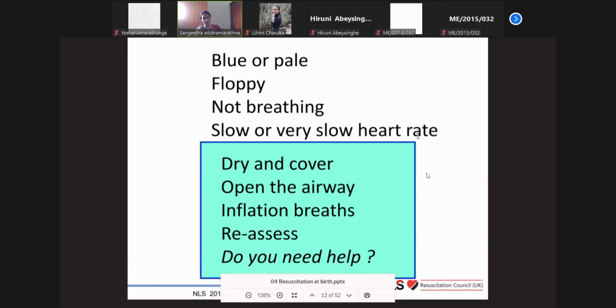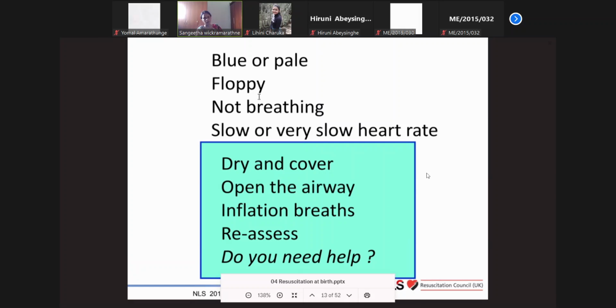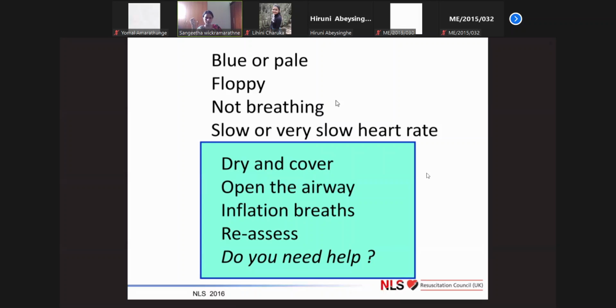So if there is a very low heart rate, maybe 20, 40, the baby can be even in terminal apnea. Even with 60, you can have a baby in terminal apnea. Anywhere else, this baby can be blue or pale, floppy, not breathing, and heart rate slow. Not breathing. Anywhere else this baby can be in that graph? Primary apnea. Yes. So even in primary apnea, this baby can be, right?